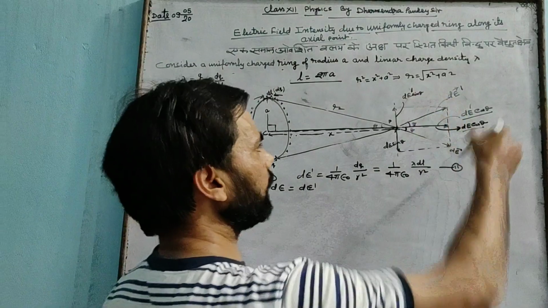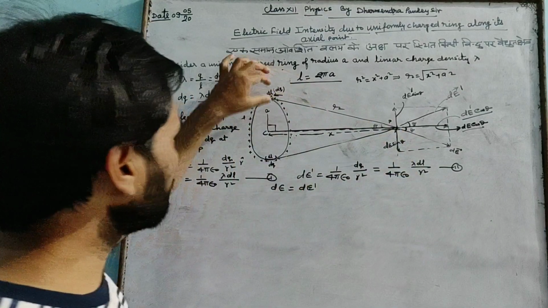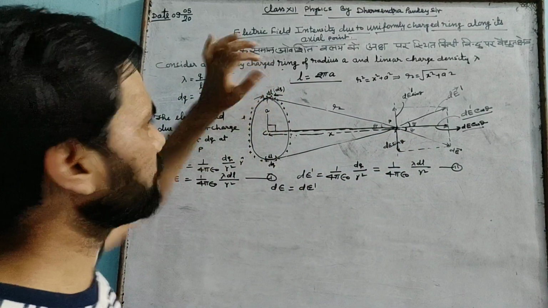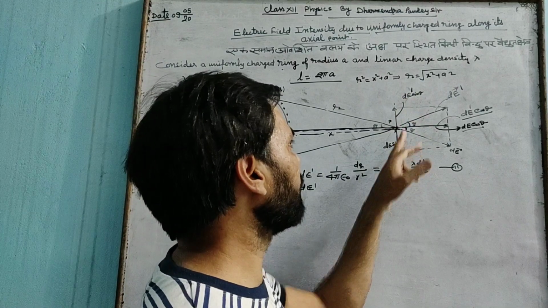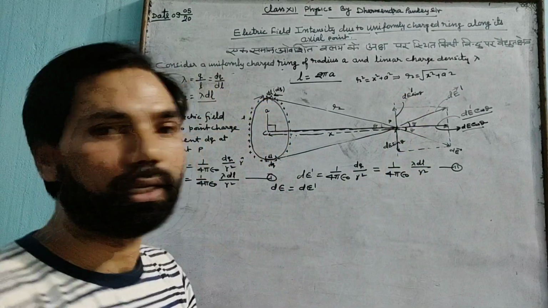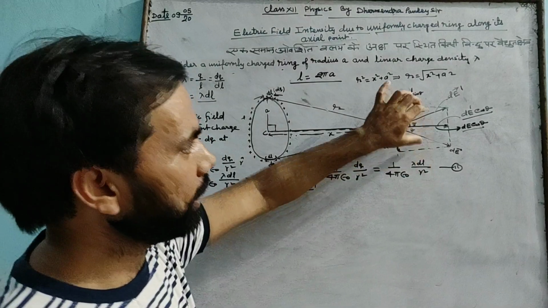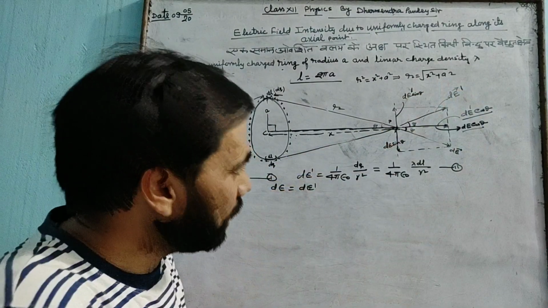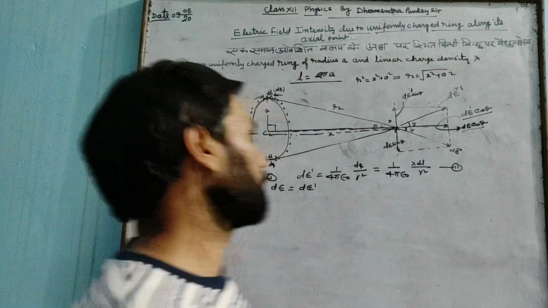If you collectively see here, for the electric field intensity because of these two point charge elements, the perpendicular components dE sin theta and dE dash sin theta cancel one another, and the components of the field along the axial line will be added, because they are along the same direction.